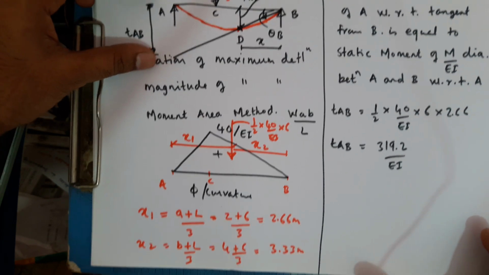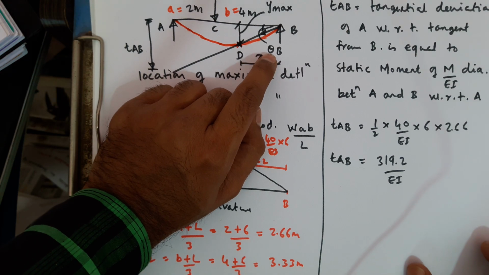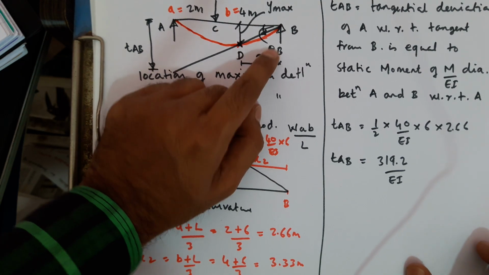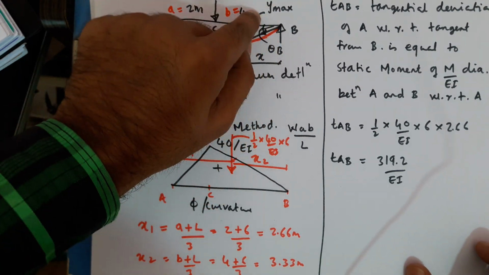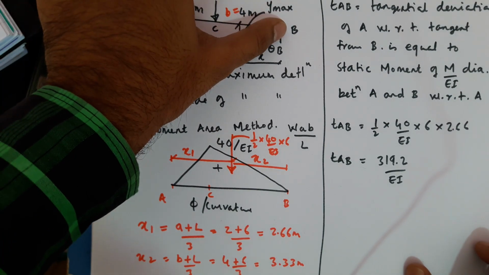After calculating this TAB, can you calculate theta B? Theta B is very easy to calculate. Just use the tan formula. Tan theta equals opposite by adjacent.